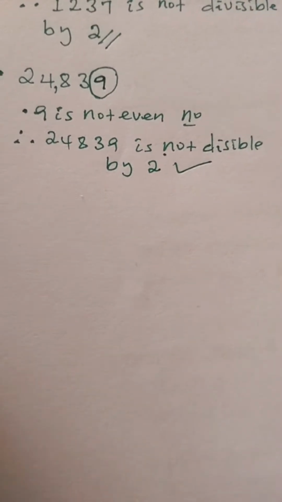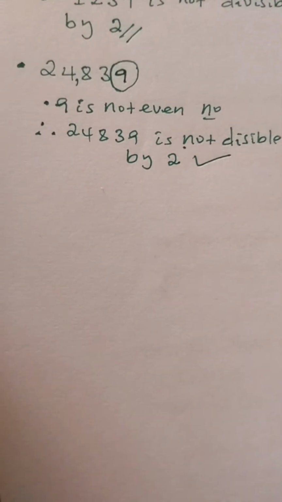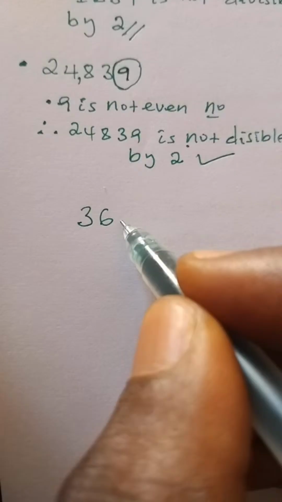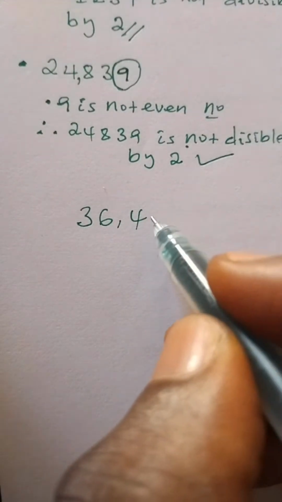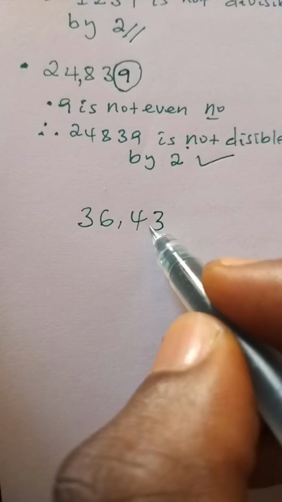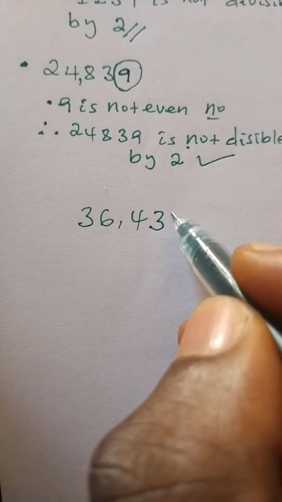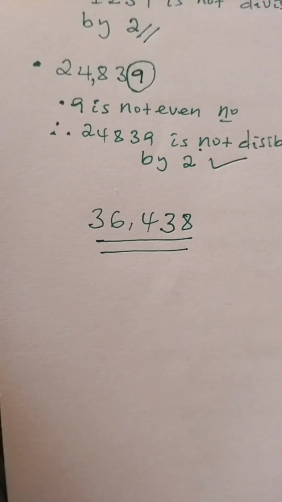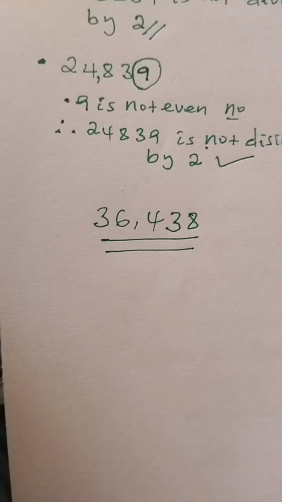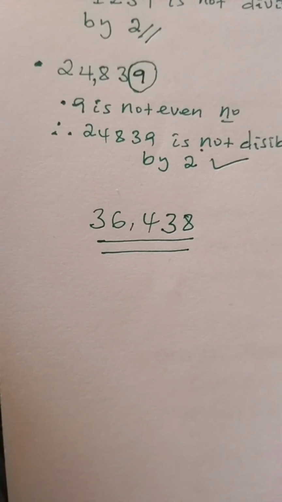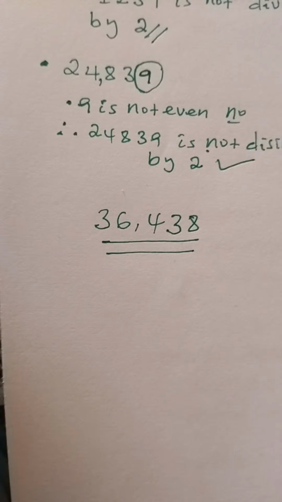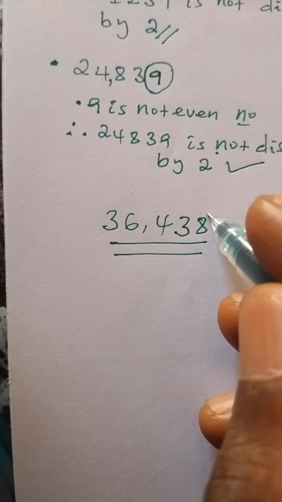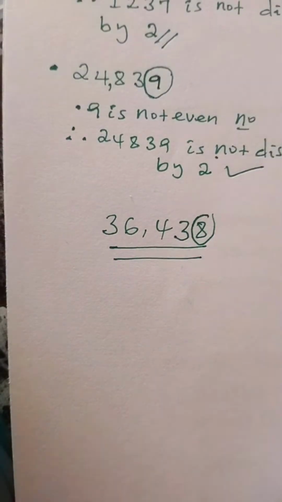Okay, let's take another example. Let's say 36,438. Let's take this number to test whether it is divisible by 2 or not. We simply look at the last digit. The last digit of this number is 8.